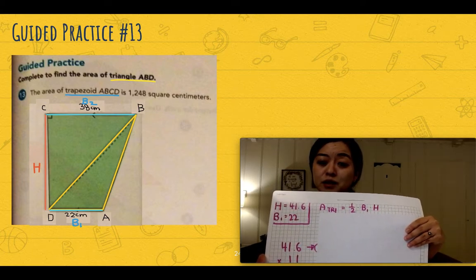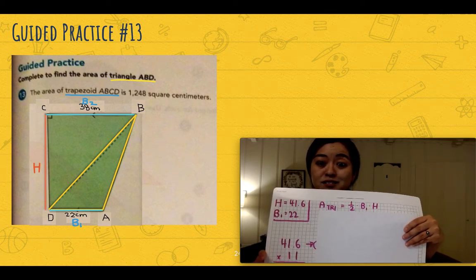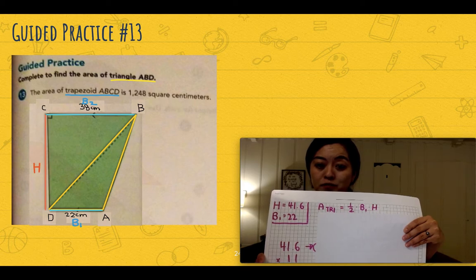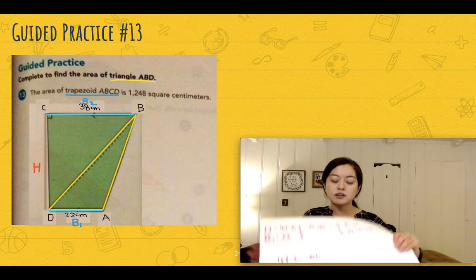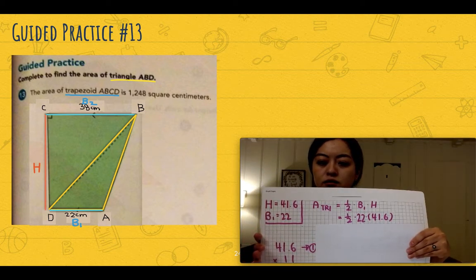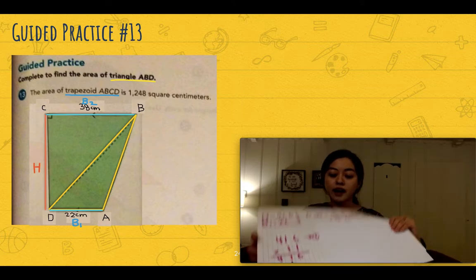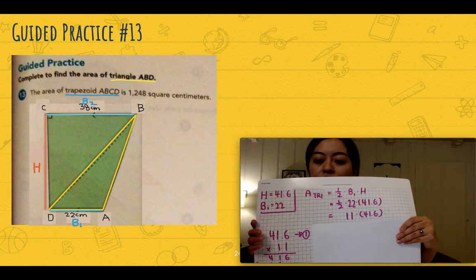In this case, I'm labeling it as base 1 because it's the same base as the base in my trapezoid. Then I'm going to input those values that I know, and it'll become like this. Half of 22 is very easy to do, which is just 11.